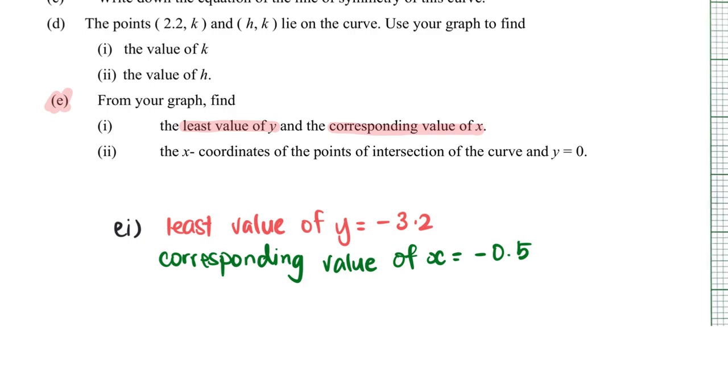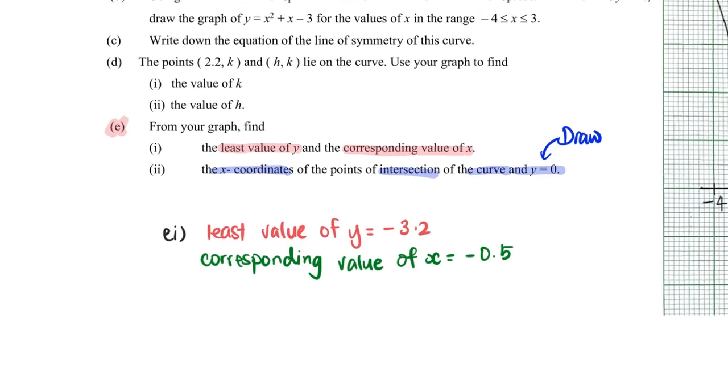Let's look at the next part of this question, where we want only the x coordinates of the intersection of the curve and y equals to 0. So I'm going to draw y equals to 0 graph now.